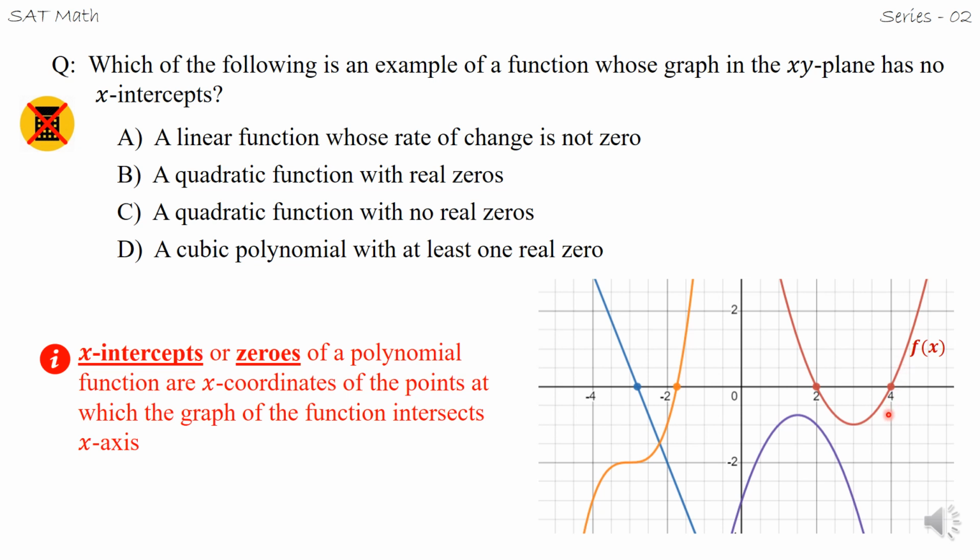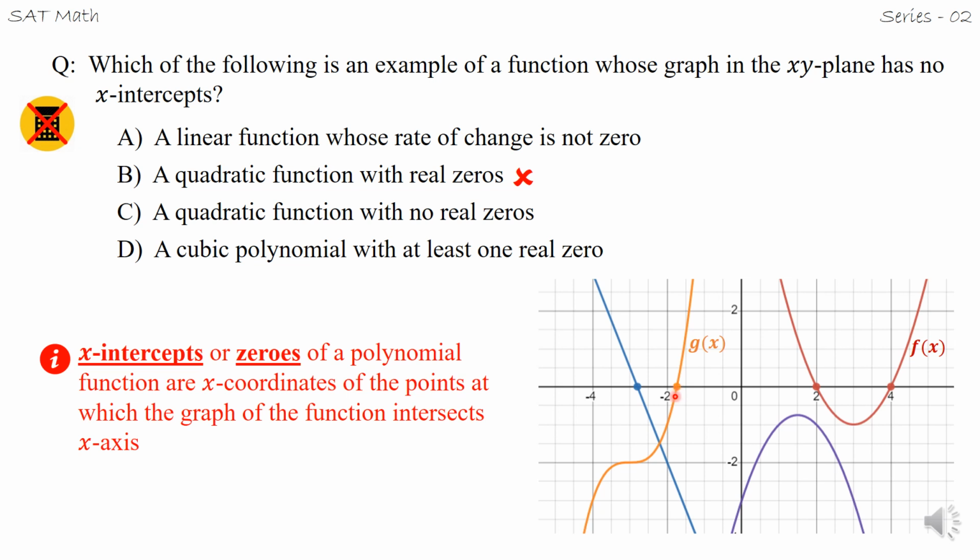This function is a quadratic function, but it has an intersecting point. So option B is not the one. Let us take the polynomial g(x), which is a cubic polynomial that has one real zero.